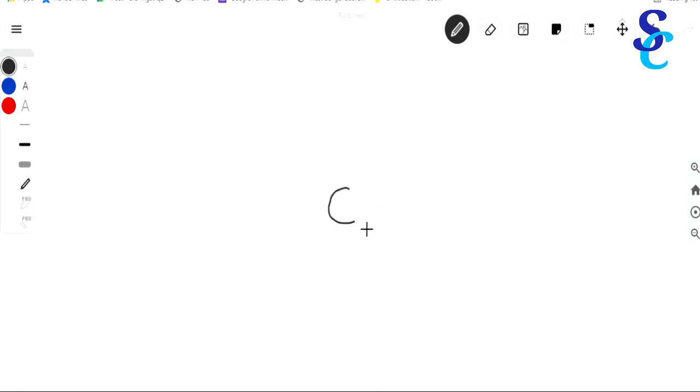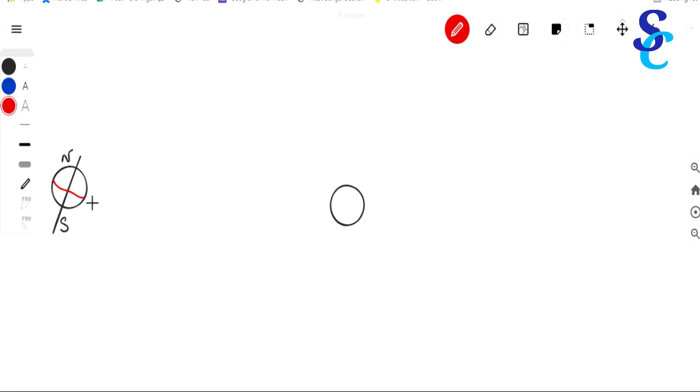Suppose this is the sun over here and the earth is present at this position. Now, as we know that the earth's position is a little bit tilted, so we will draw it like this, and we have the two poles over here, north pole and south pole. Now, in this position, what happens?